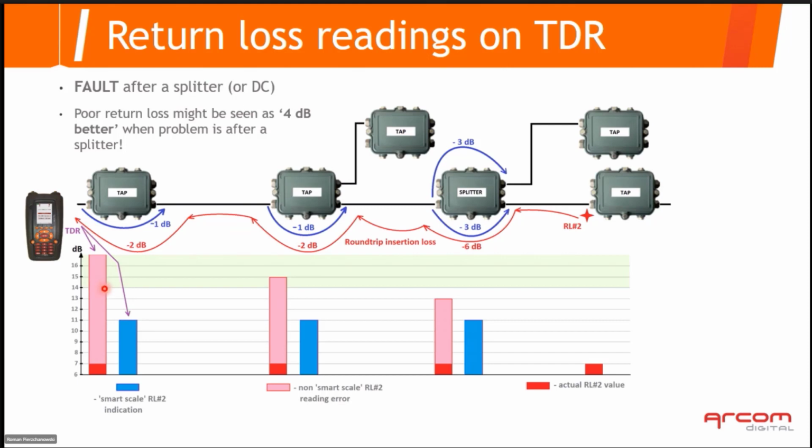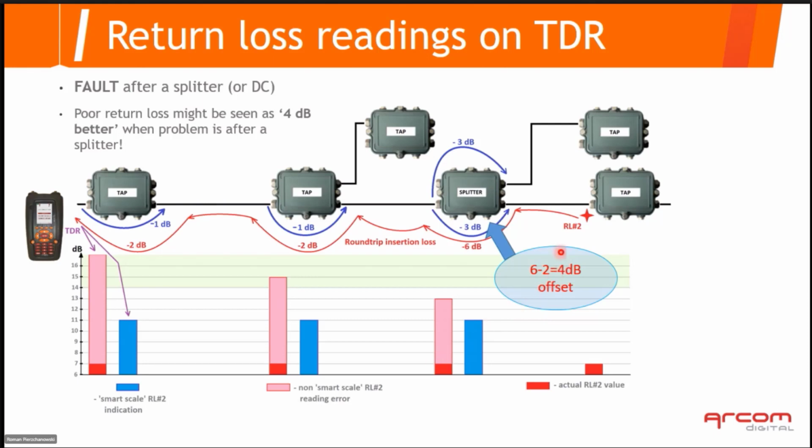If there was no smart scale, this return loss would look perfectly good. Smart scale will partially fix this, but only partially, because it thinks that this device is 2 dB insertion loss, but this device to the meter is also 2 dB insertion loss instead of 6. So there is a 4 dB offset.